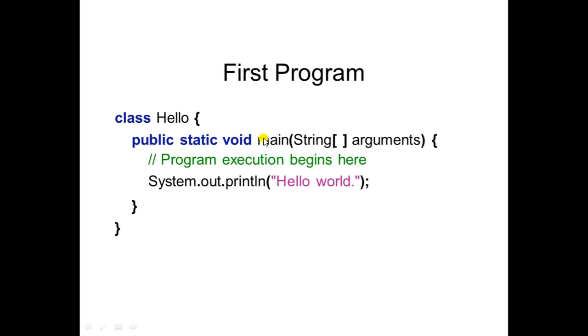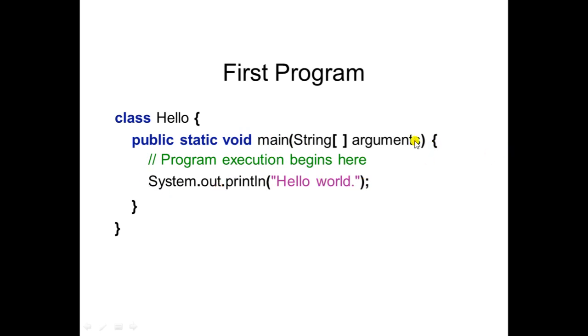Then what is the use of the main method? Main will tell the compiler where to start the execution. Okay, so program execution begins here. So whatever statement you want to execute, you need to put that statement inside the main block.